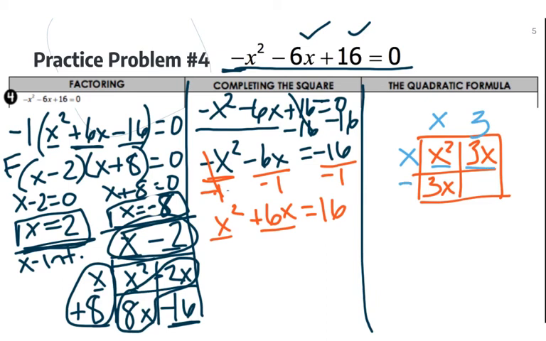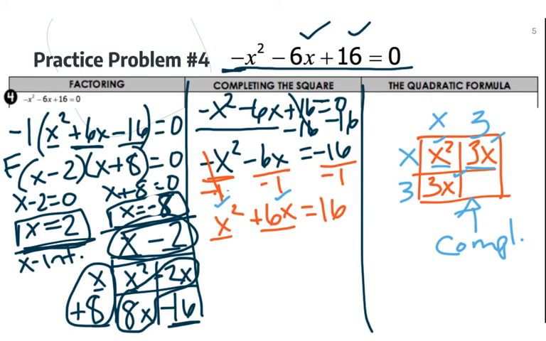And the same thing here. Remember, I'm making a square, and then I've got to complete it here. This is where I'm completing it, right? Because I have x squared. I have 6x because 3x plus 3x is 6x, but I need something else to complete it.